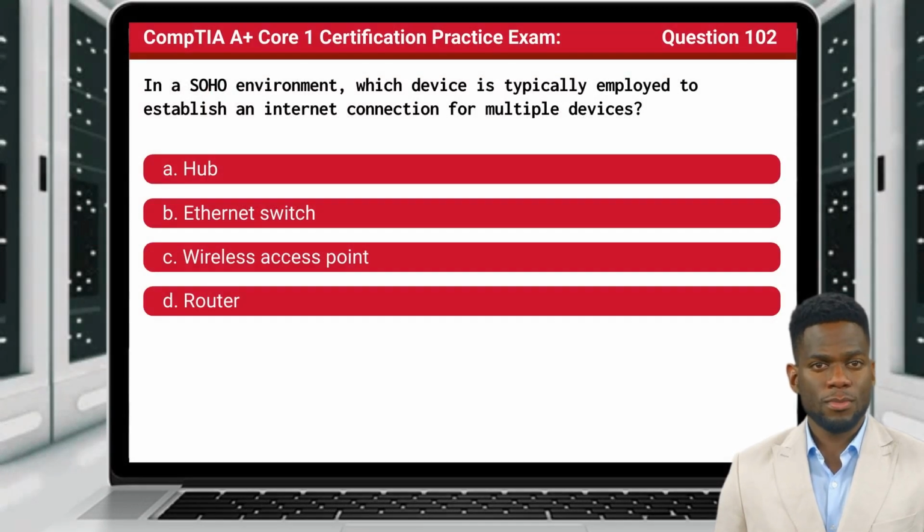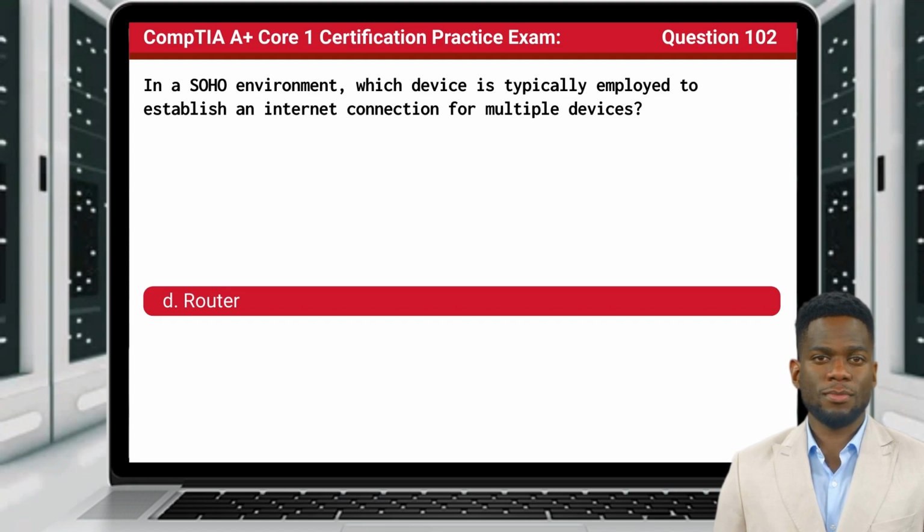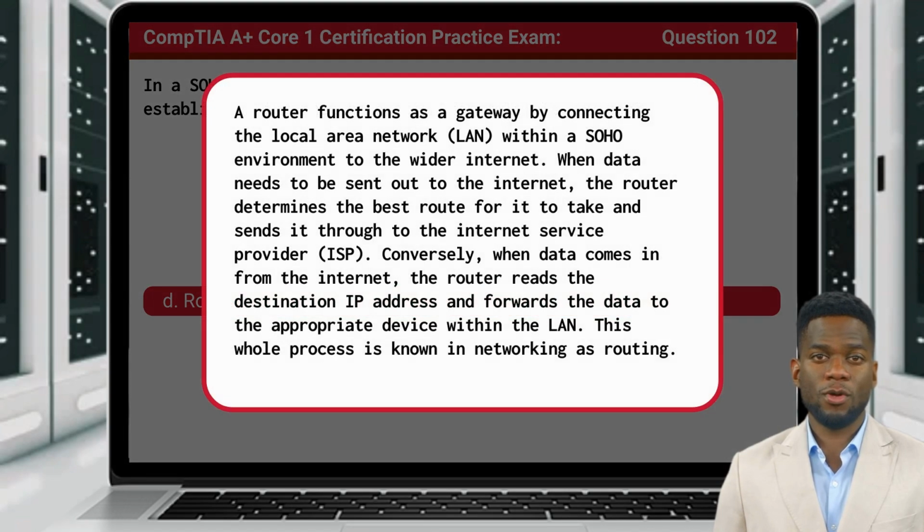Question 102. In a SOHO environment, which device is typically employed to establish an internet connection for multiple devices? The answer is D. Router. A router functions as a gateway by connecting the local area network within a SOHO environment to the wider internet.